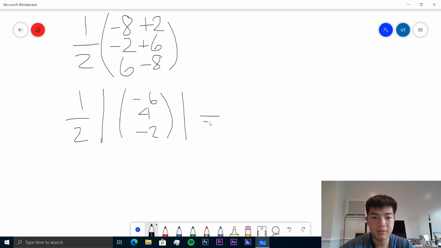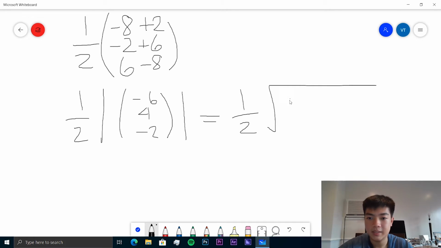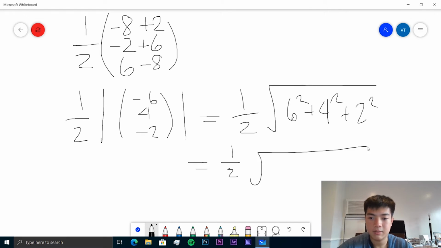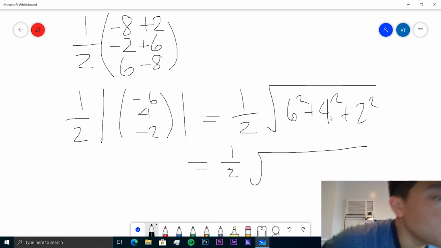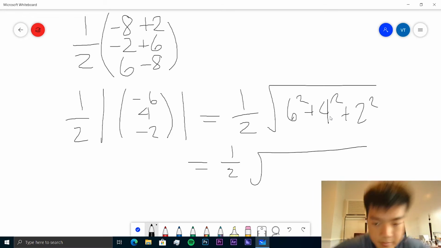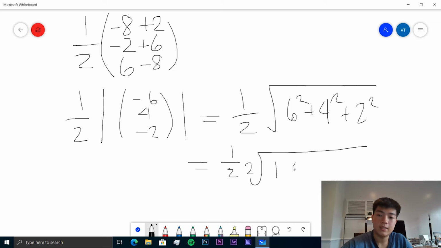So this is equal to 1/2 times the square root of 6 squared plus 4 squared plus 2 squared, which is equal to 1/2 times the square root of 36 plus 16 plus 4, which is square root 56, and square root 56 is equal to 2 square root 14, I think.